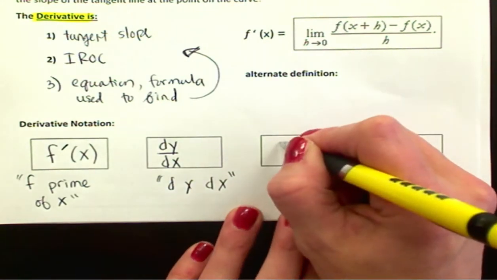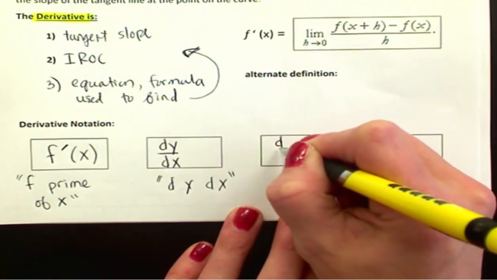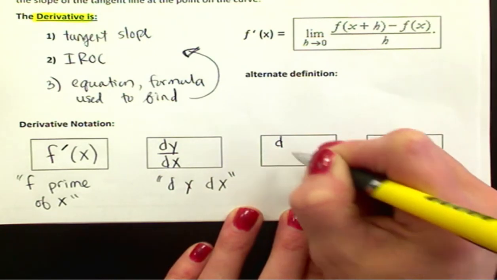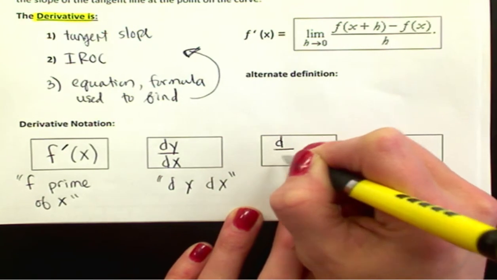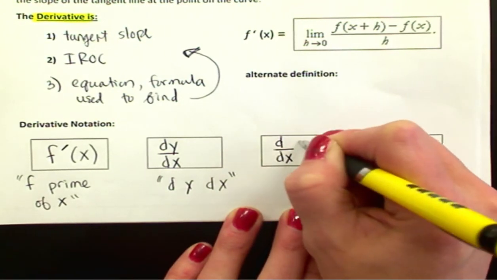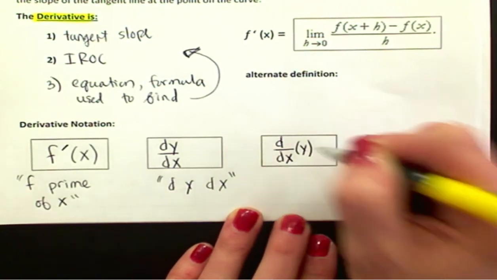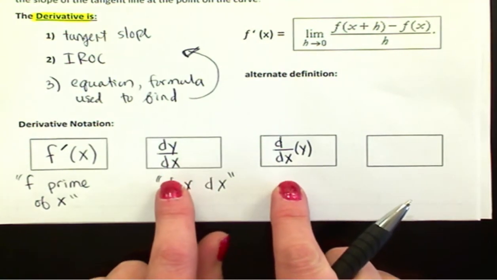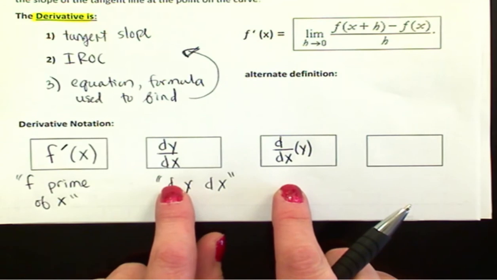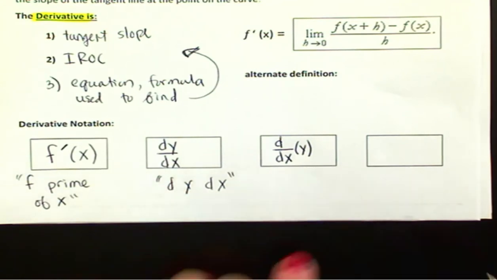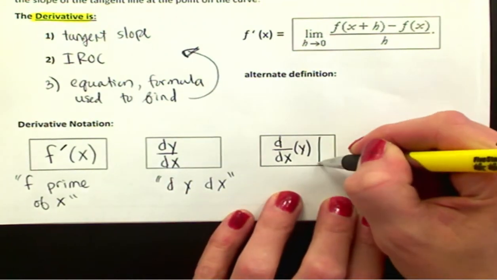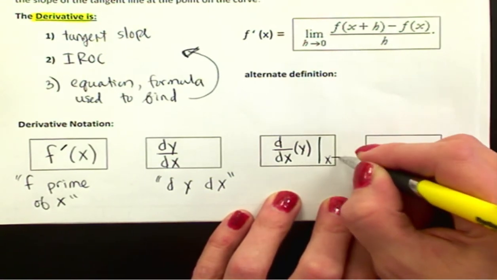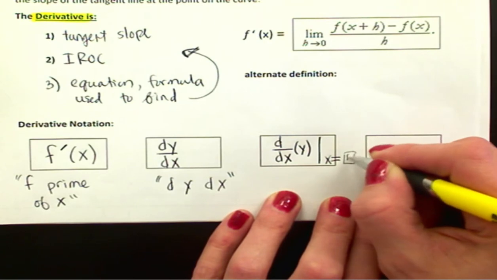What's another notation? Sometimes the y value is put in front of the fraction. And I'm going to put a bar here, and say x equals a number.